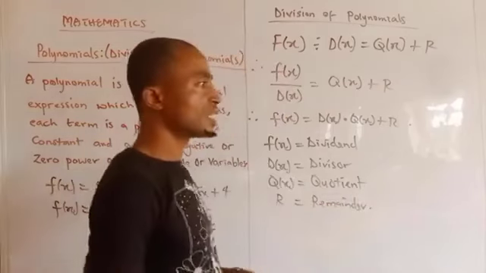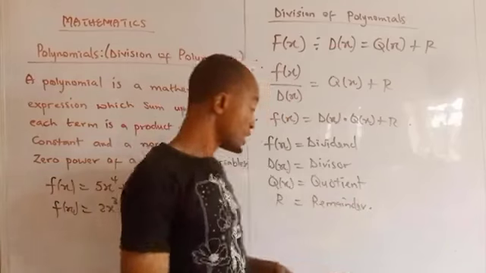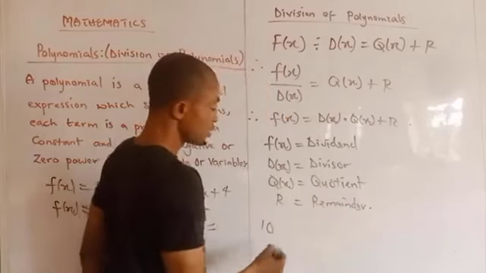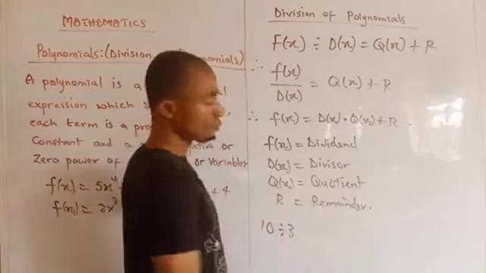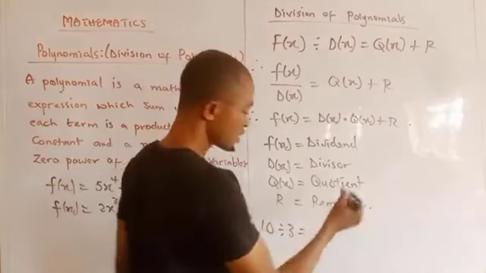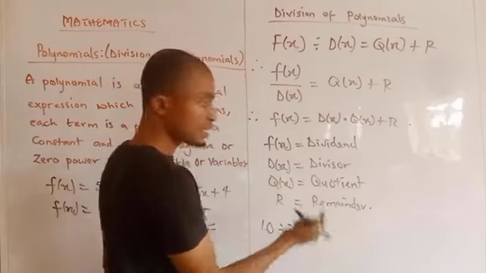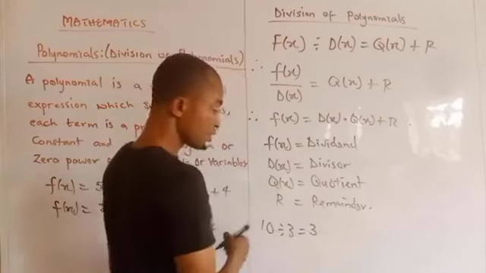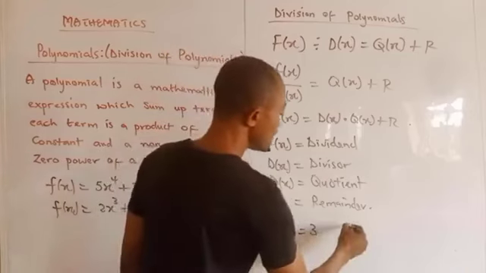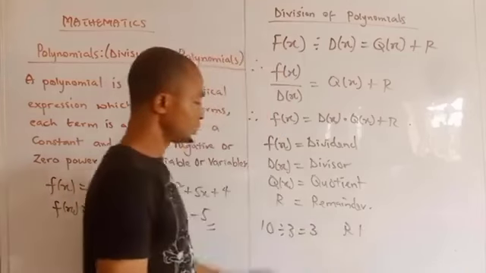It is like you are given a number, let's say for instance 10. You are told to divide 10 by, let's say, 3. 10 divided by 3 is going to give you 3, and you now have a remainder of 1.